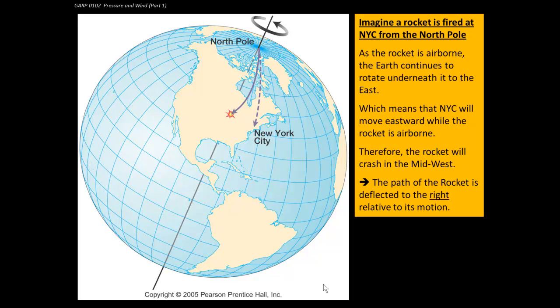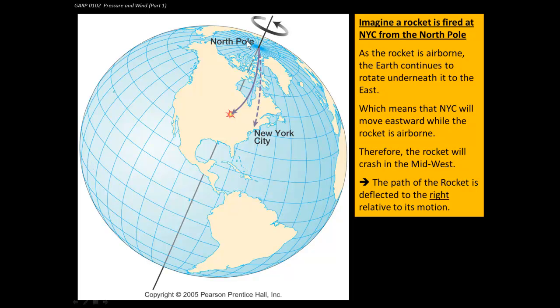Here's a classic example. Imagine you're standing at the North Pole and you're firing a rocket to New York City. Now, as that rocket is airborne, let's say it takes 10 minutes to fly from the North Pole to New York City. But as that rocket is airborne, of course, the Earth continues to rotate. Right?